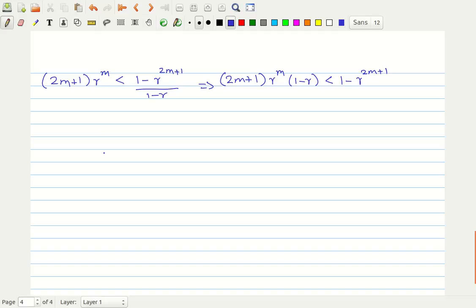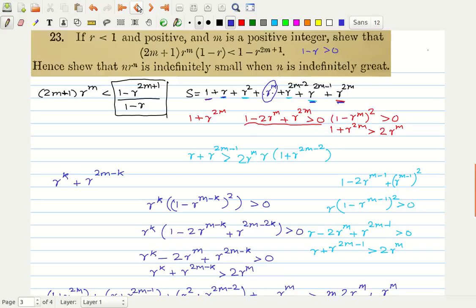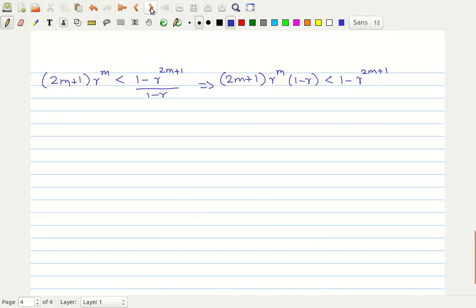The second part of the question that they want you to prove is, they are saying that hence show that n r to the power n is indefinitely small when n is indefinitely great, or n is indefinitely large. So how to proceed further?